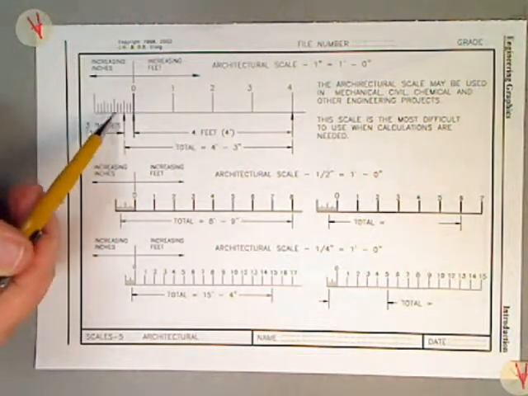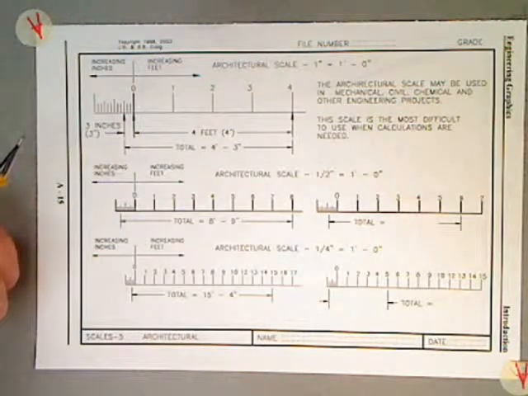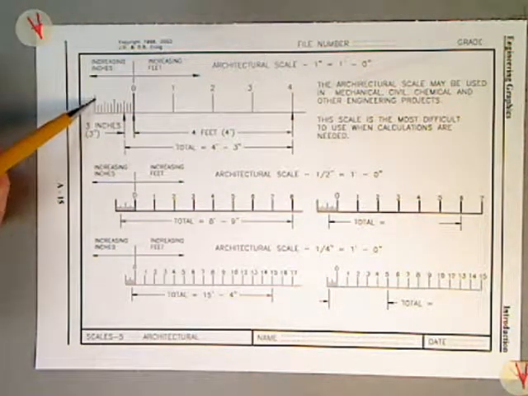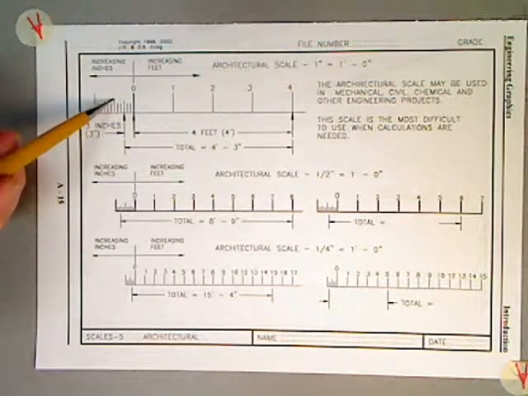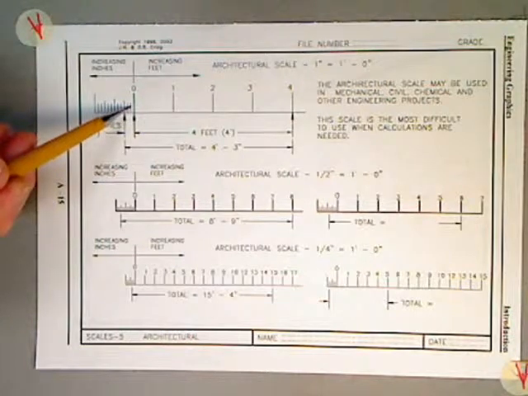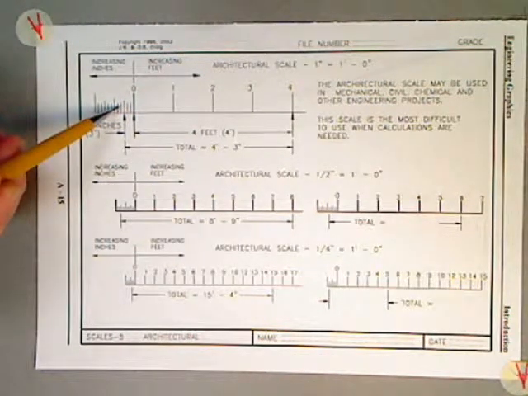This mark is inches or fractions of an inch. So this is a foot, so 12 inches, this would be 6, half of 6 would be 3. There's 1, 2, 3 divisions, so each one of these marks is 1 inch.